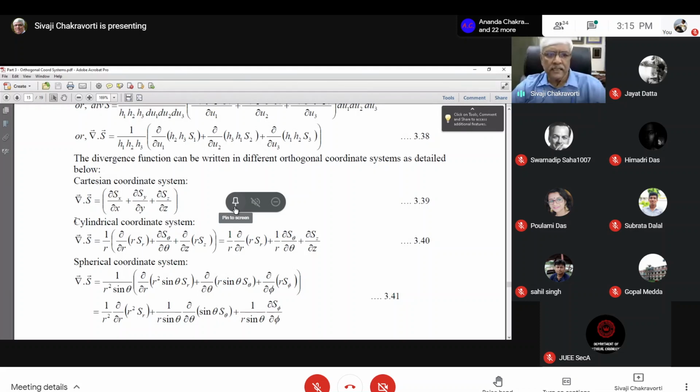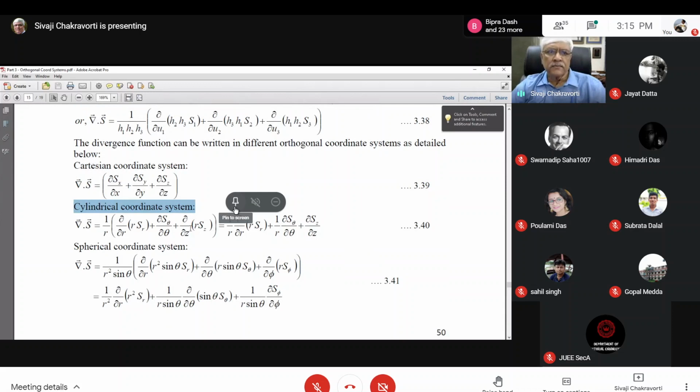If you take the cylindrical coordinate system, equation 3.40 comes from 3.38. Again, we put r, theta, z, and the three components of the vector field S are S_r, S_theta, S_z. So I get equation 3.40.